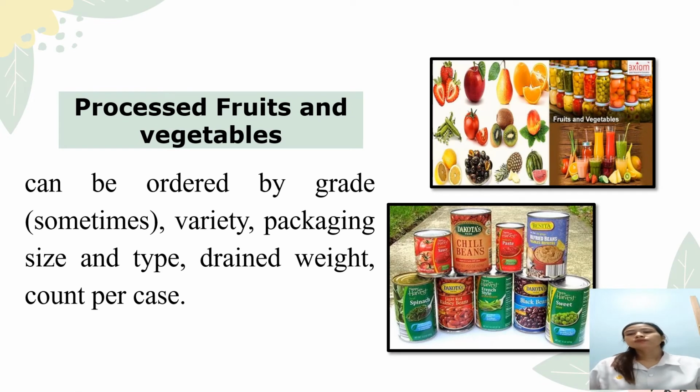Number 5 is processed fruits and vegetables. They can be ordered by grade, sometimes variety, packaging, size and type, grain, weight, and count per case. The example here is, in buying canned mushroom, it has different varieties like sliced or whole.